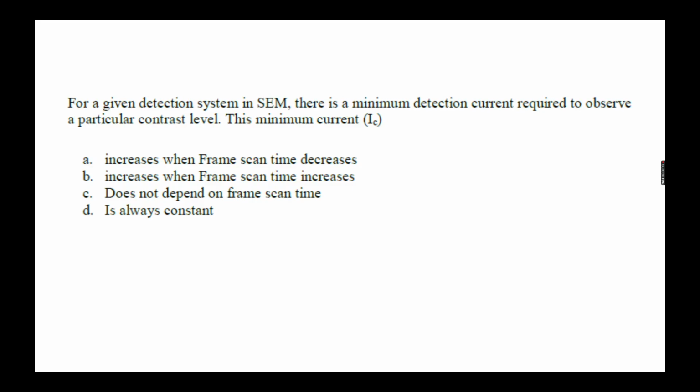This minimum current will increase when the frame scan time decreases, or increase when the frame scan time increases, or does not depend on the frame scan time and is always constant. If you have gone through the derivation, then probably from that relation you will be able to answer. So can you give an answer for this?